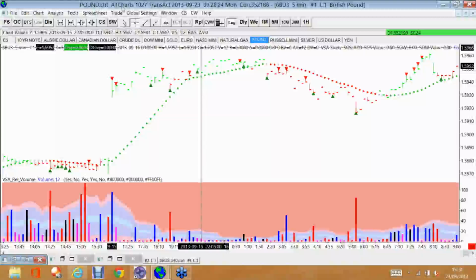Alexander's got a question for me here. After a no demand bar, do you need to wait for a close below the low? Alexander, if you read Tom's dialogue boxes, let's have a look at an example. Okay, well, look, that is a no demand bar, okay? But it's not confirmed, is it? Because the next bar closed higher. Okay, so we can almost disregard that, Alexander, because what we've got here is you've got a no demand bar, right?